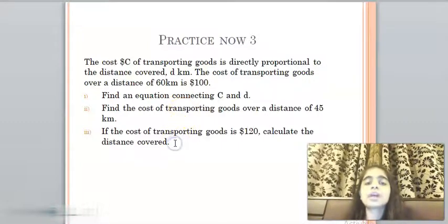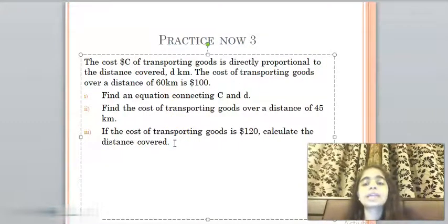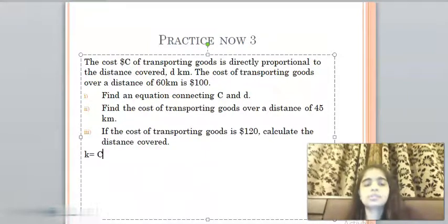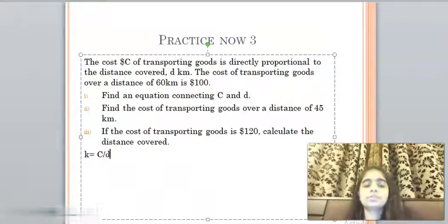Now the first part says find an equation connecting C and D. So C is our cost and D is our distance. We did a question similar to this, so let's work this out. So first we need to find the constant K value. So the constant K value will be K equals C upon D. Now the C value, the cost is 100.